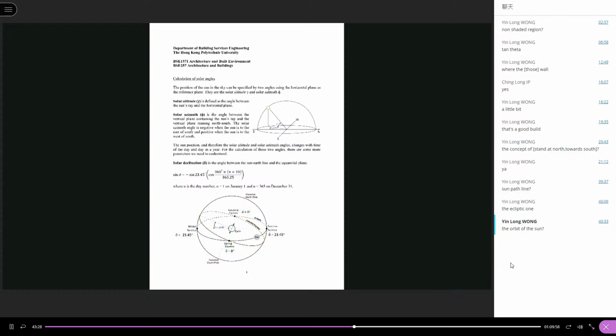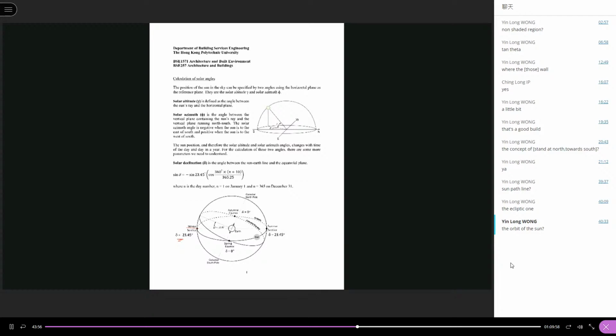I know that it is very difficult to understand the measurement of these angles and the definition, but I want you to remember that on the winter solstice, the solar declination is negative 23.45 degrees, which is the largest magnitude of the solar declination.